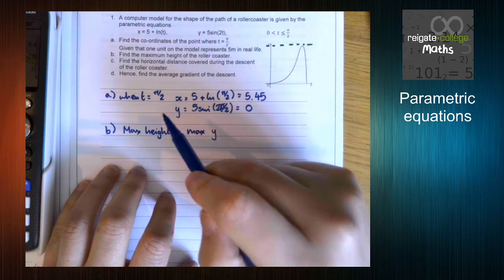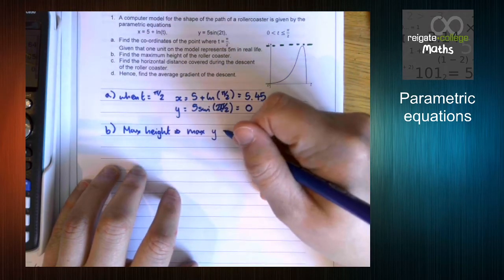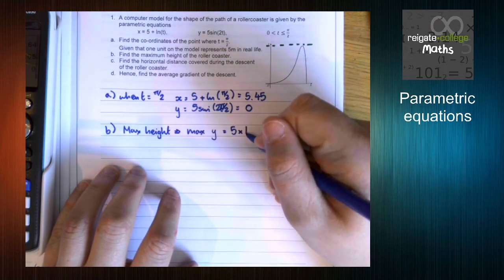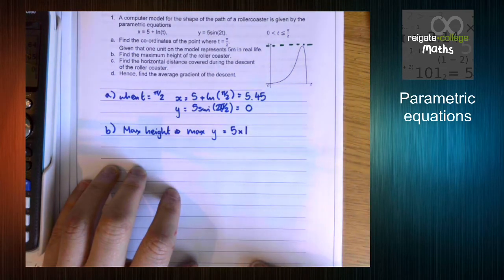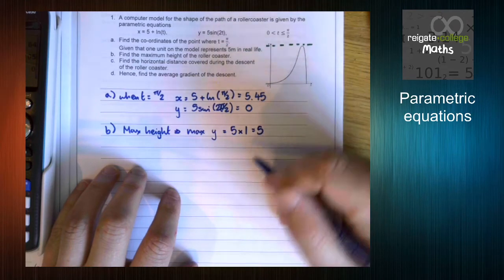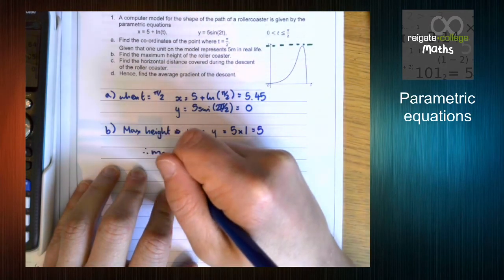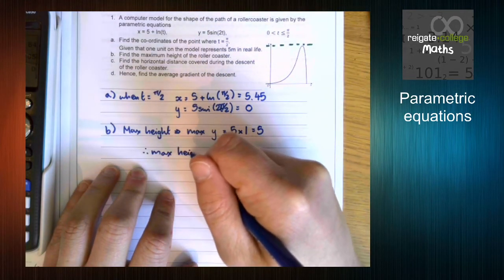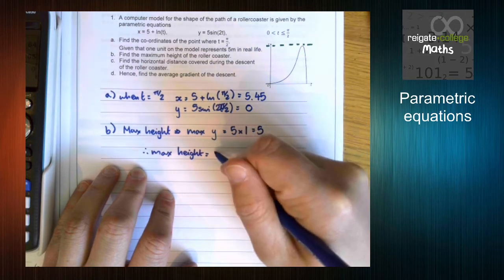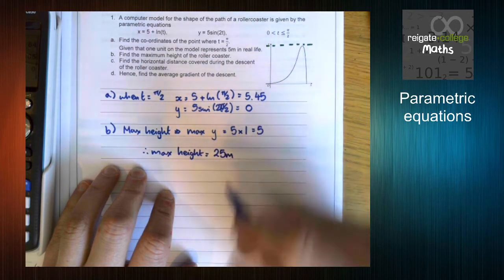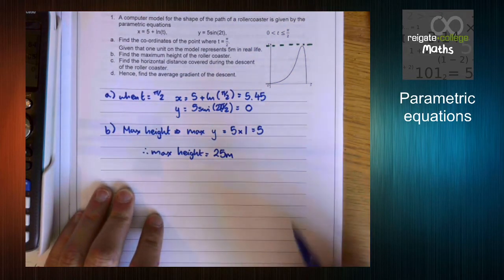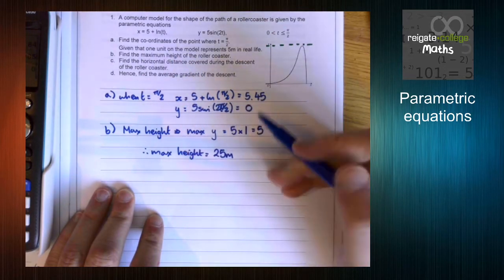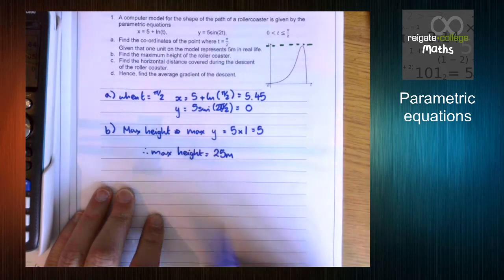The maximum value of this is very straightforward, because the maximum value of sine 2t is 1, so the maximum value of y is 5. So therefore the maximum height is 25 meters, because 1 unit is 5 meters in real life.